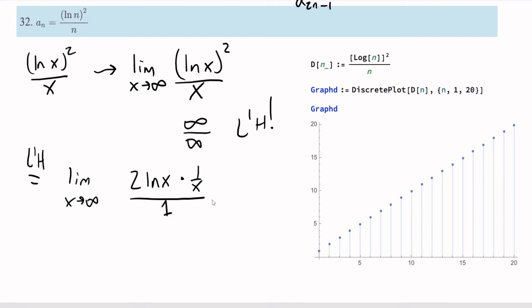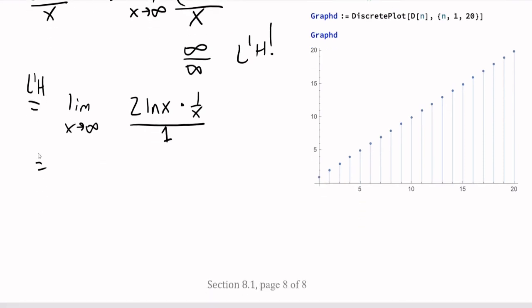So okay, let's do a little algebra here. This is going to be the limit as x goes to infinity of 2 ln x over x, which again is going to give us infinity over infinity. But we dropped a power of 2, so it does seem like we're going forward. So we have to use L'Hopital's a second time.